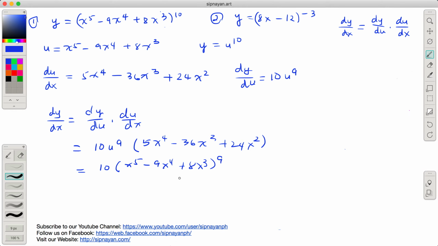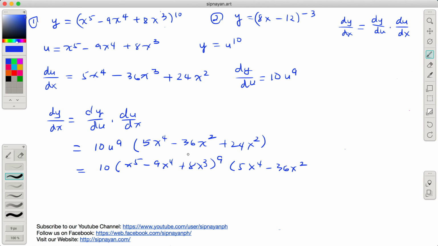This is 9th. And, of course, ito pa. Yung 5x to the 4th minus 36x squared. This is x squared. Saan ba ito galing? Mukha kasi siyang 3. Or teka lang.